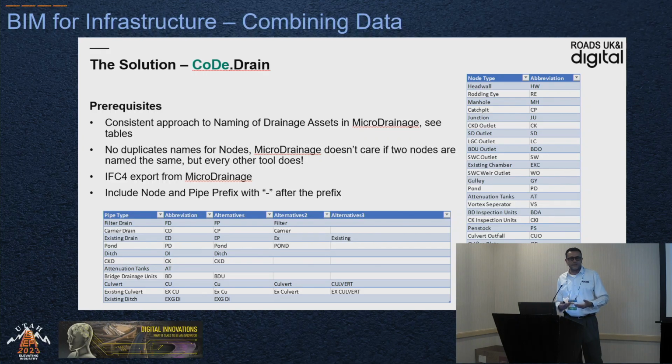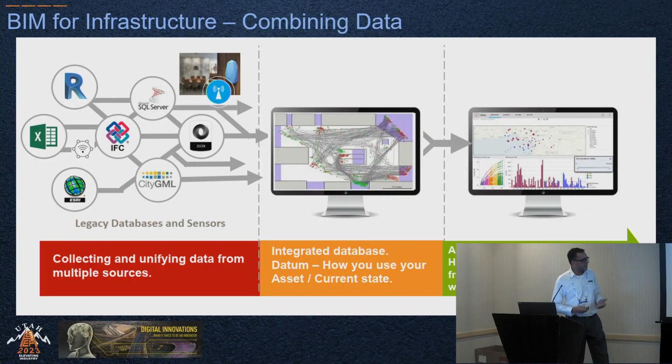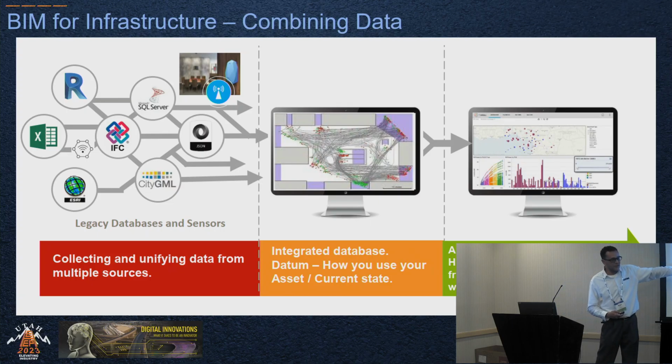So we're developing these asset classes early on and enhancing through our data architectures how to get these systems put together and combined. So what we do is collect the data, unify the data from multiple sources, generate an integrated database, and then your queries and dashboards, better outcomes.